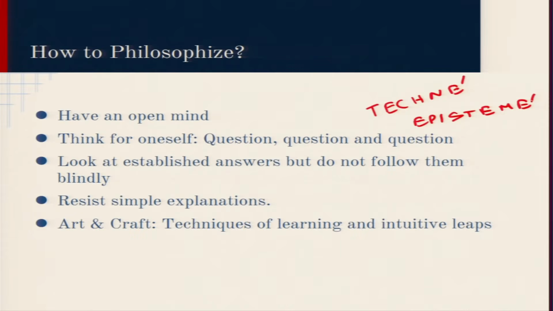Techne has to do with technique: when one is given a way of doing something, one learns techniques, and those techniques, when implemented, can lead you to that skill. But episteme is when we look at knowledge. Let me think of an example.